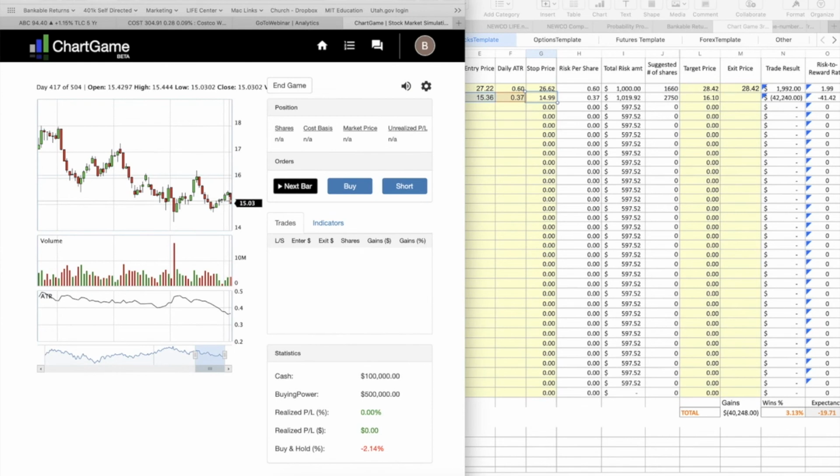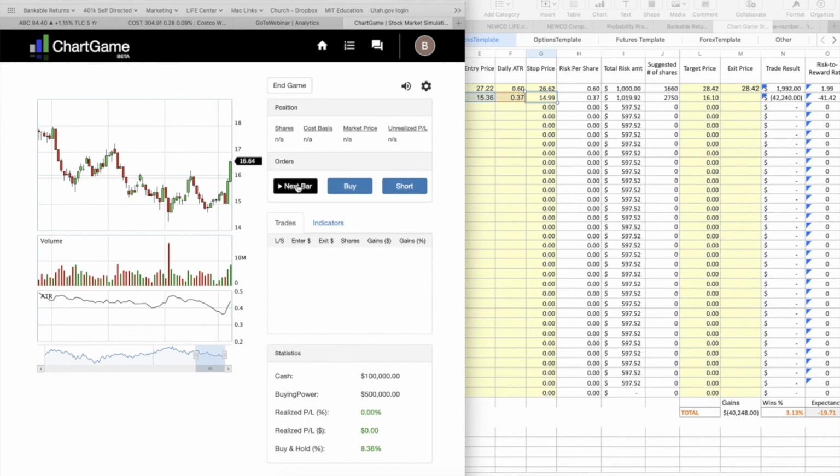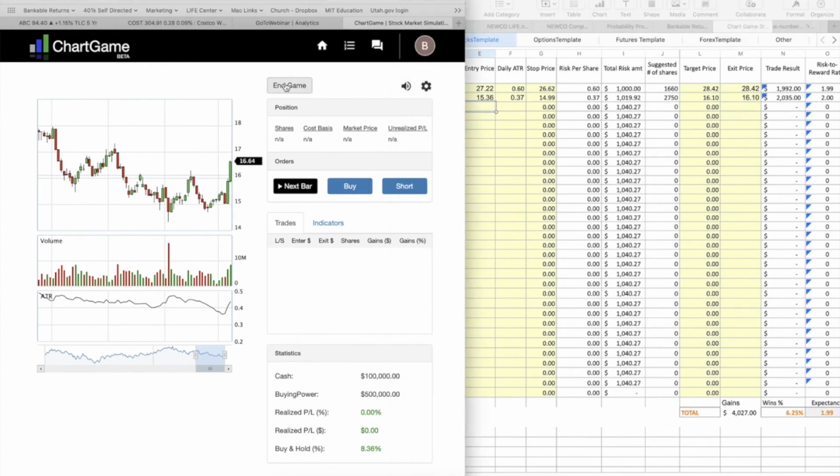The low on this day was $15.03, not our profit target or our stop loss yet. The high on this day was $15.98, not our profit target yet. But now it is $16.10. We're in the game.